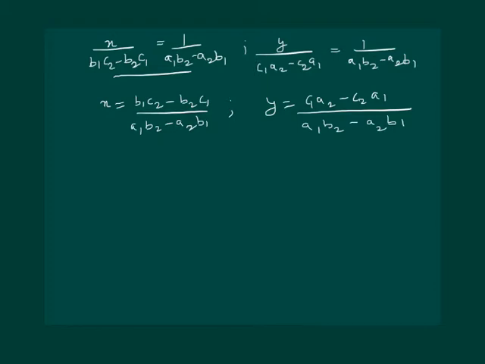Now we notice that denominators in x and y are the same, so the following cases arise. First case is if the denominator is not equal to 0. If it is not equal to 0, that means x and y will take some real values, and that means the given pair of equations will have a unique solution.